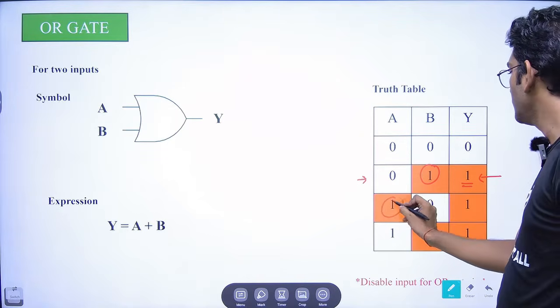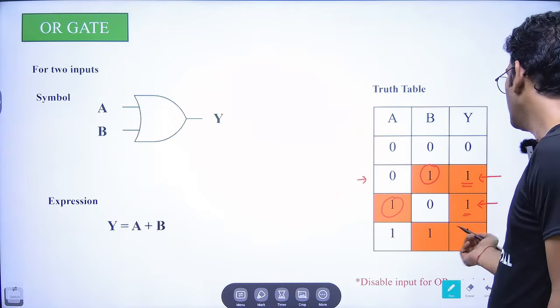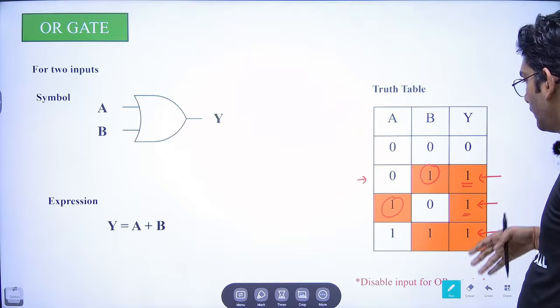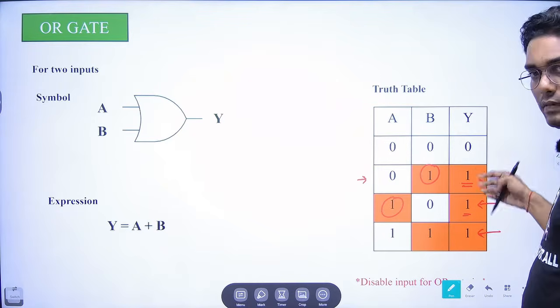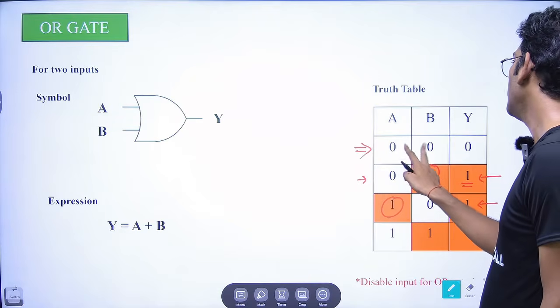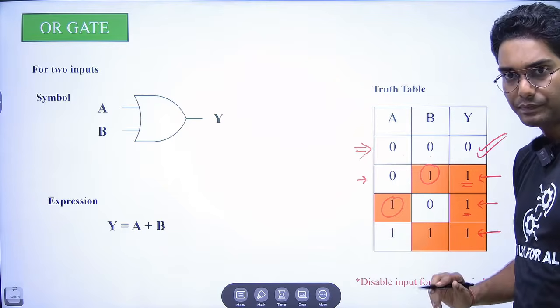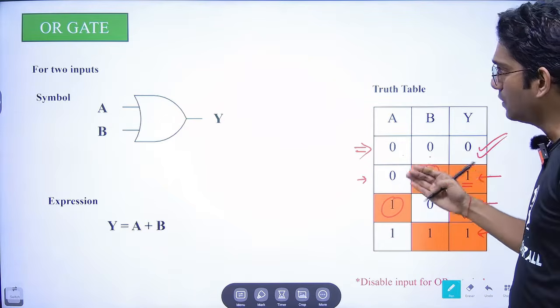Here A is 1, so we are getting Y output as 1. Here both the inputs are 1, so definitely we will get the output as 1. Only in the first case, when both the inputs are 0, we will get the output as 0. Fine. So this is the basics of the OR gate.